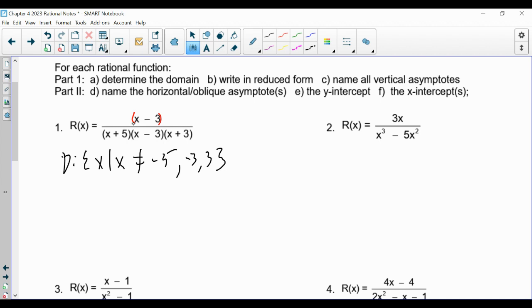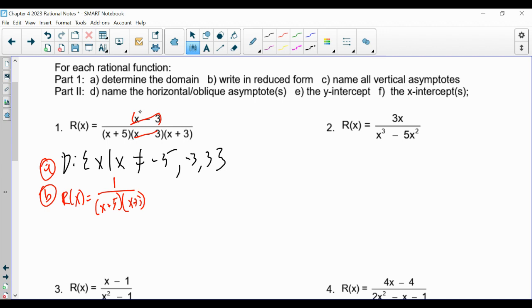So because of that, I'm going to cancel this out. Okay, so reduced form, so let me write A, B is going to be r of x equals, since everything went away in the numerator, I'm just left with a 1. And then x plus 5, x plus 3. Okay, so we cancel that out.